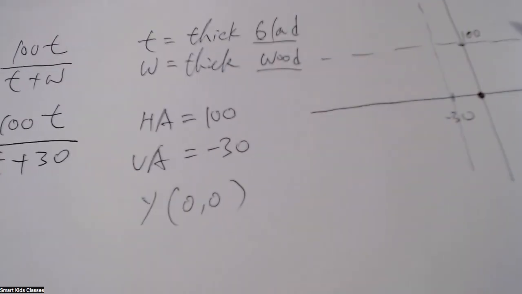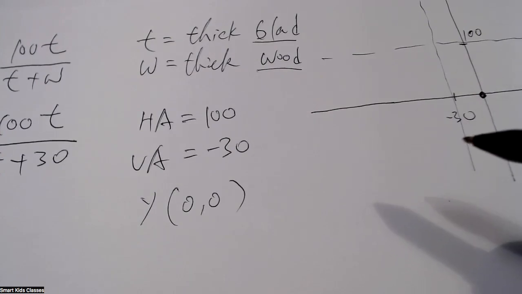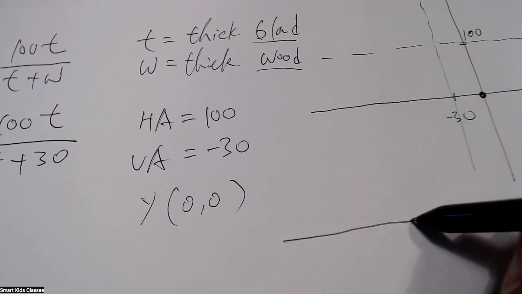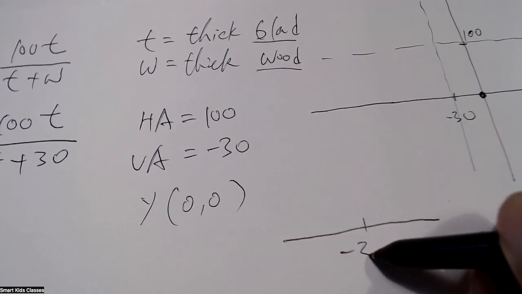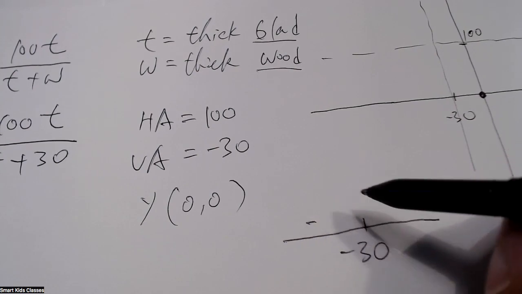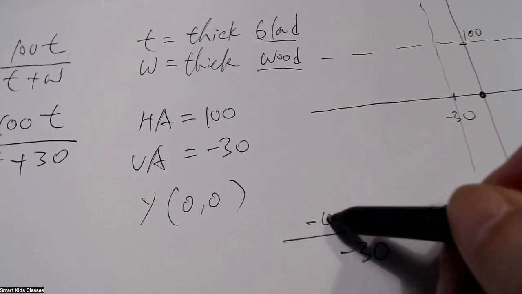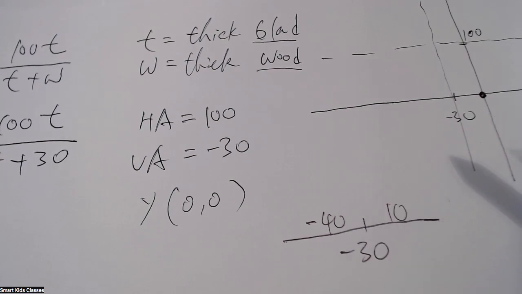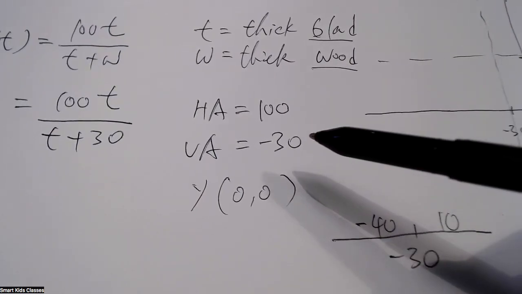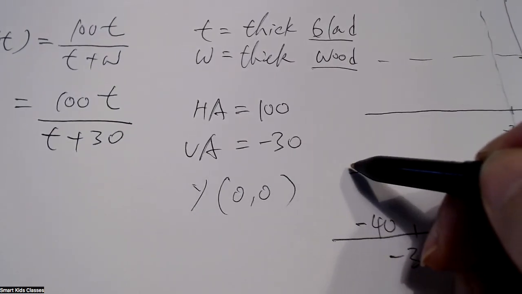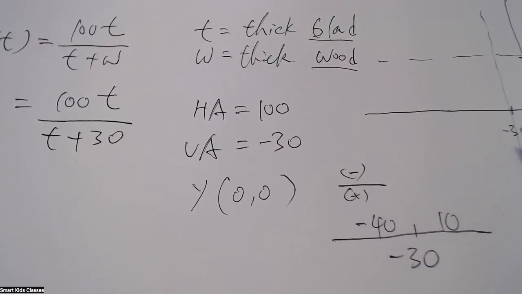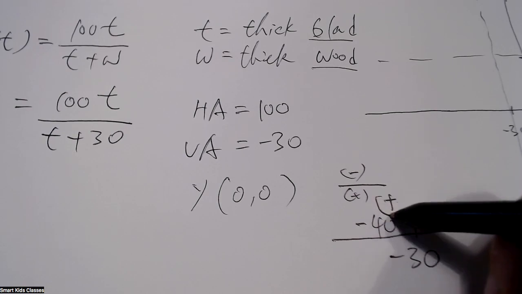Now we plot the first one, it's a positive function. If you want to test it on a number line, you can do that. So negative 30, test negative 40 here, and positive, just 10 here. If it's negative 40, we divide negative by negative, so we get positive here.